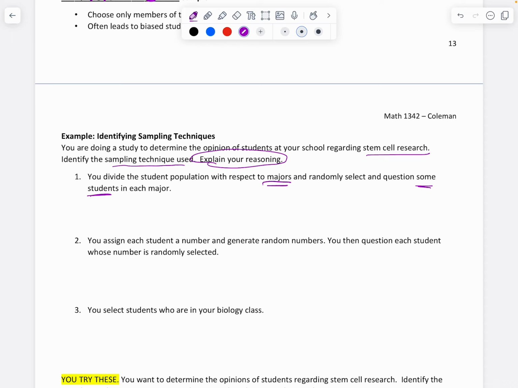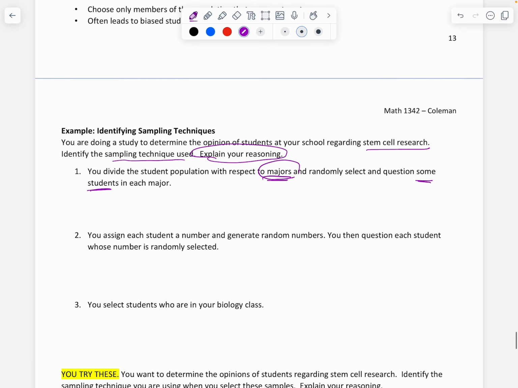So you are grouping them by their major. They all have the same major, so that's their common attribute. Therefore, this one is stratified.